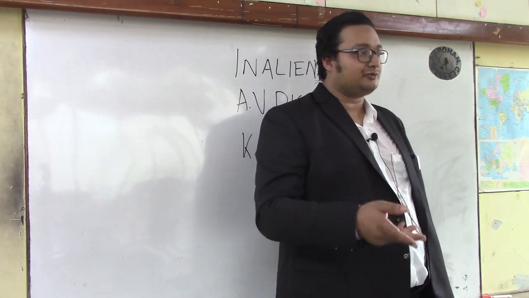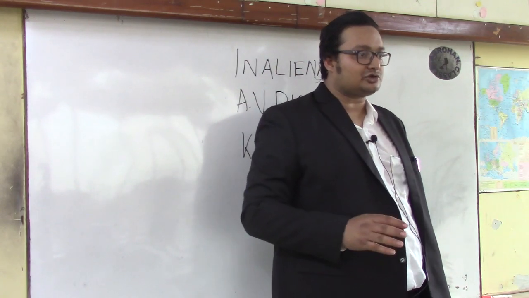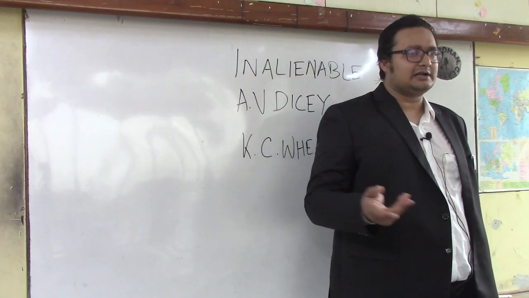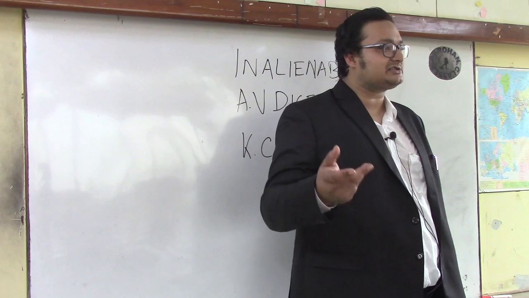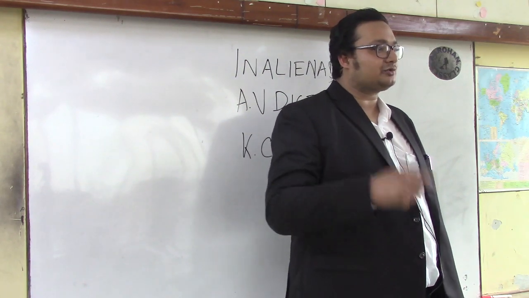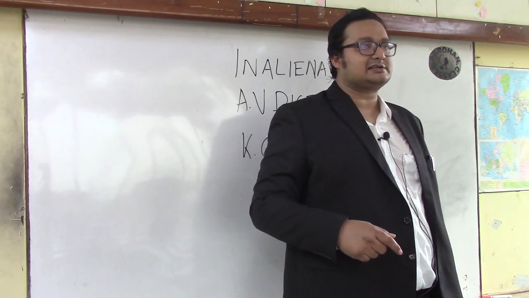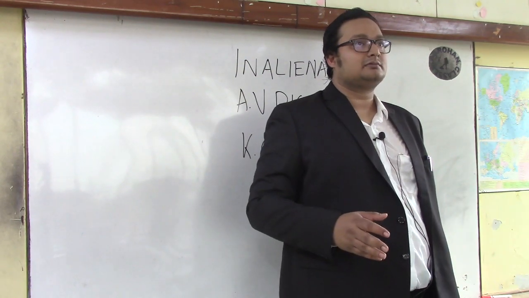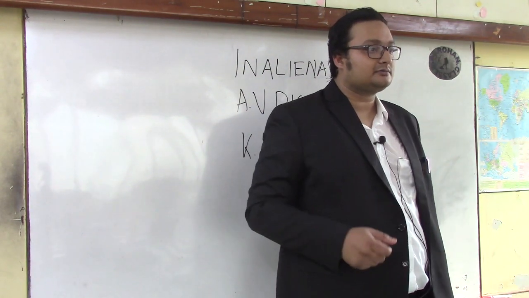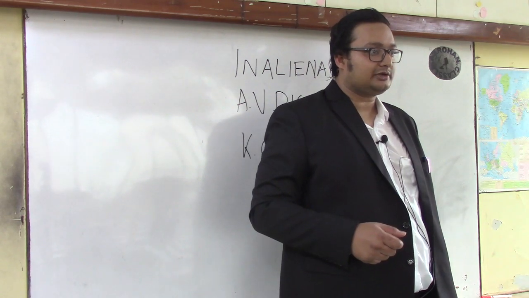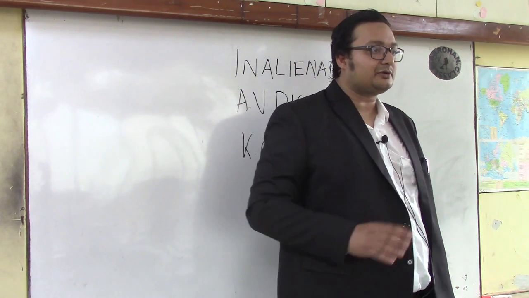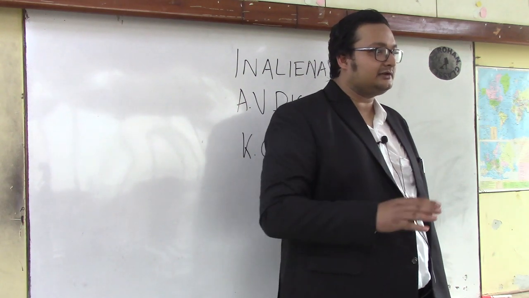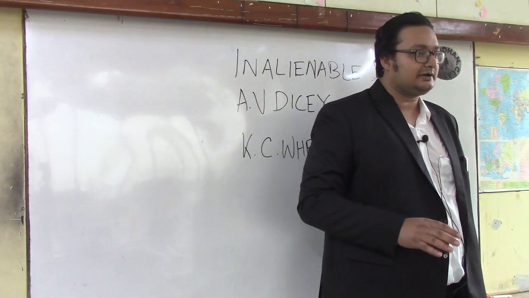If we read this and the second clause of Article 13 together, it means that tomorrow, let's say the Odisha state government comes out with a law that says that you cannot drive on the roads after 8 o'clock at night. What is the fundamental right that is being affected over here? Article 19, freedom of movement, right?